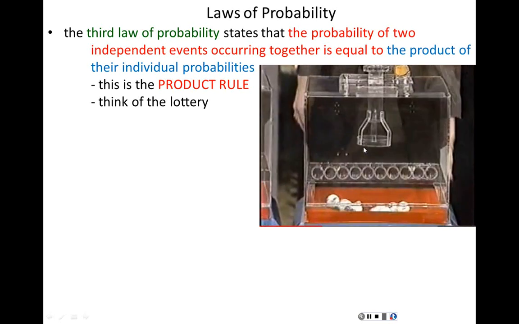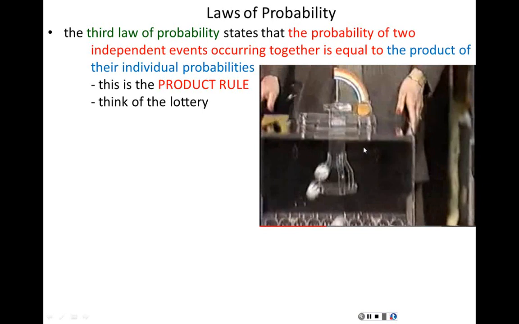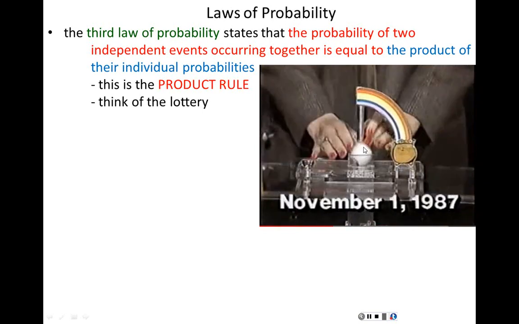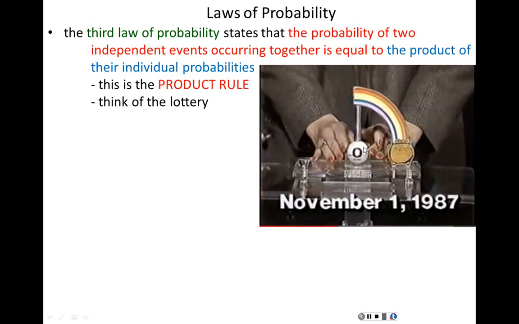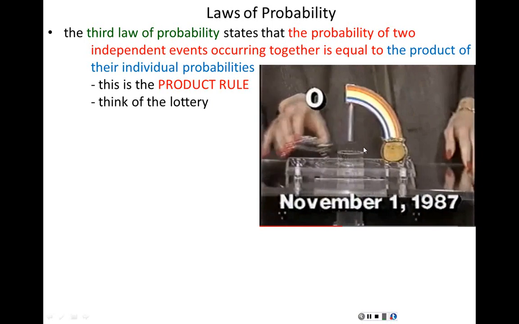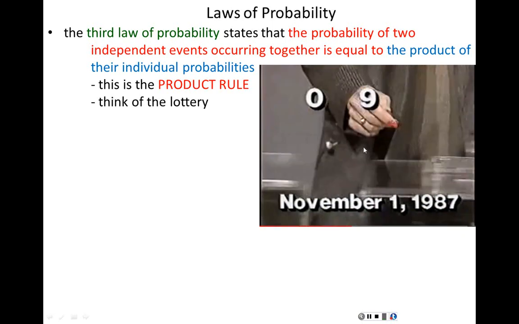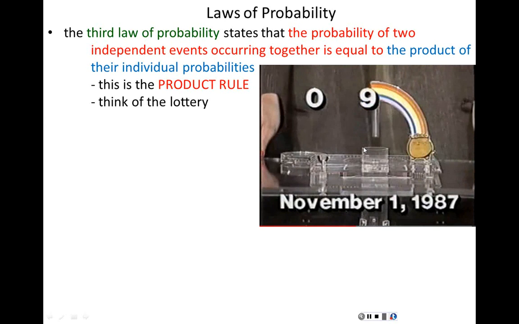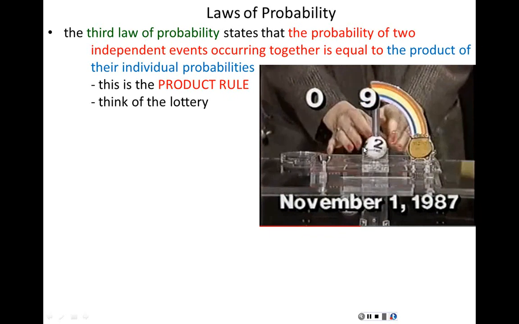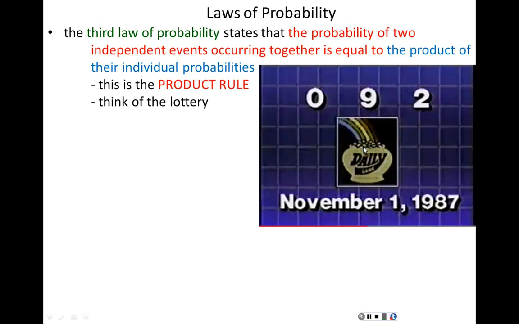And then the third machine. Now here is tonight's first winning daily game digit. 0. Tonight's second winning digit. 9. And the third and last digit. 2. So for tonight, the official daily game winning number is 092.